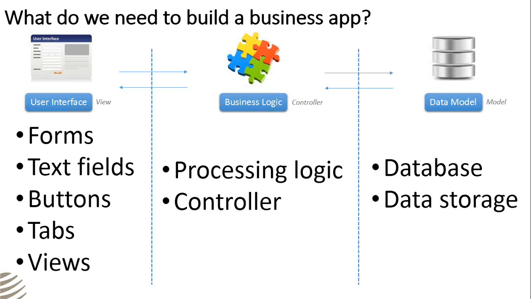The first one is the user interface, and you know all these components from the user interface side. In business logic, you need to have some processing logic based on your rules, workflows, other constraints, and a set of business scenarios. And then on the data model side, you have to store the structured data, so you need a database for it.